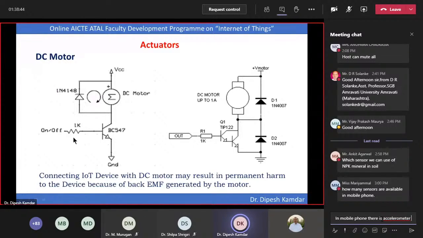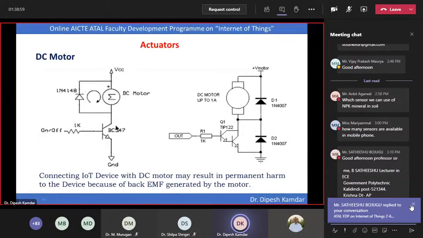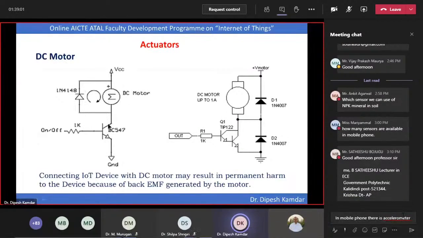If you give a 0 here, the BC547 is turned off, and in this turned-off condition, though the motor gets the VCC, it does not get the ground. So the circuit is broken, and there will be no current flowing through the motor, so there will be no rotation.